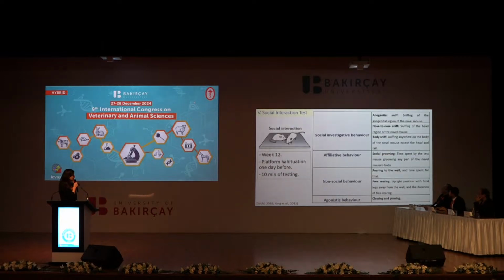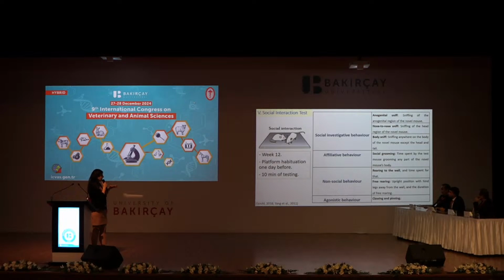Finally, we also measured their social behavior, a test we did in week 12, which is their early adulthood period in mice. Basically, we are using the same platform that we use in open field tests, and we are using completely novel mice and evaluating their behavior: how our tested mice are going to behave with this novel mice.